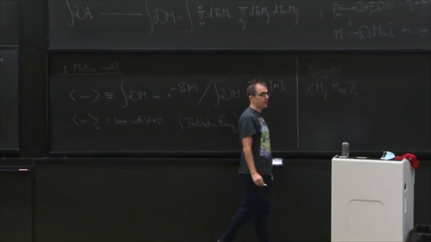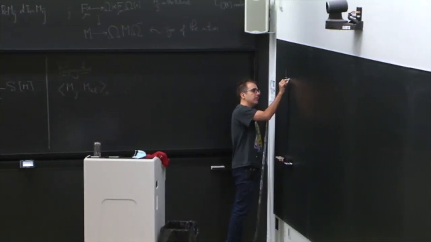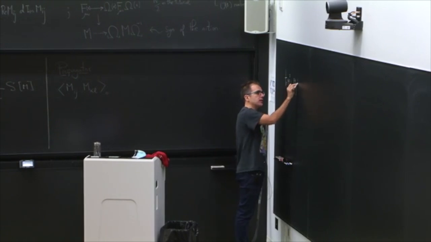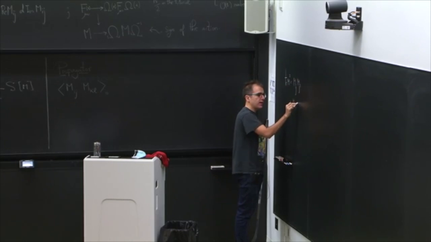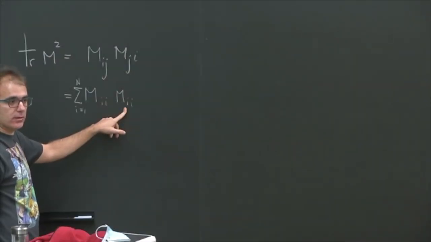Okay, I'm going to help you a little bit. Trace of m squared is equal to Mij Mji, which is Mii Mii. Now, because I have 4 indices, let me really write the sum 1 to n. These ones are real, the diagonal ones, because m is Hermitian.